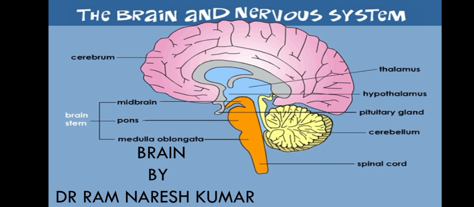Medulla oblongata continues downwards as the spinal cord. Cerebellum is called the small brain, which is situated inferior to the occipital lobe and posterior to the brain stem.